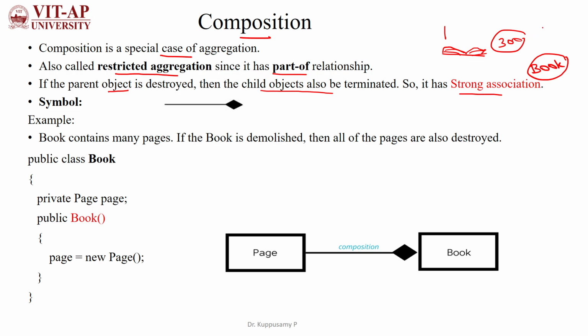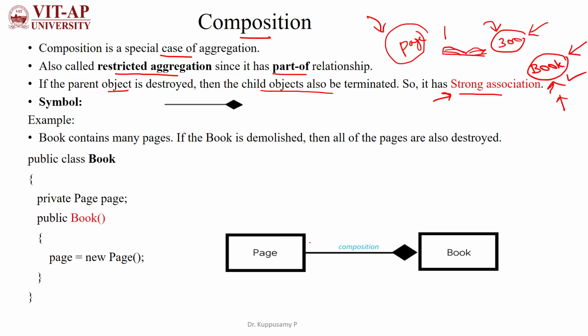After burning it, you cannot access these pages. That means when you destroy this object, the page object is also destroyed. Page is one object and book is another object. So when you destroy the book object, the page object is also destroyed, and we cannot access that page object after destroying the book object. So this kind of relationship is called strong association, that is composition.